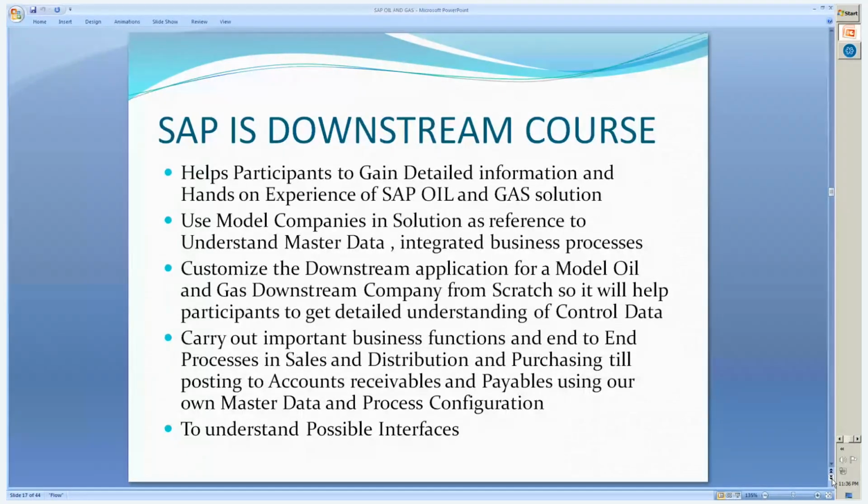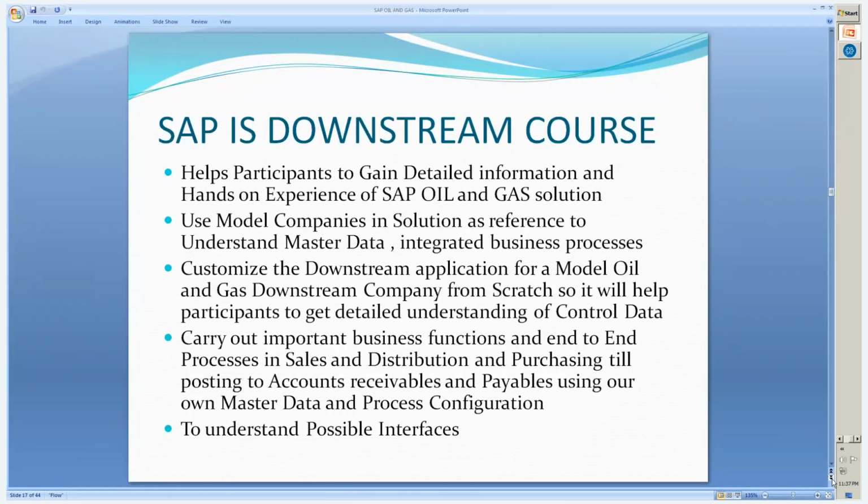Now we'll be able to carry out all the important business functions and end-to-end process based on our own configuration, so that we are in a position to say this is the scope of the project implementation. Having customized, we will carry out the end-to-end process, so that we understand the overall end-to-end processes, including integration with financial accounting and also the inventory management in MM.